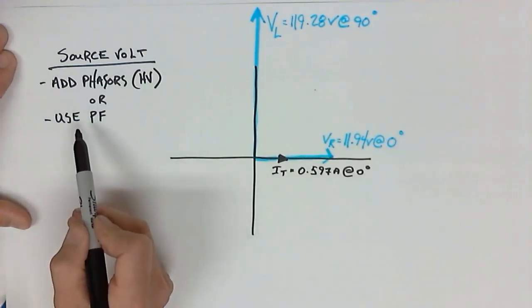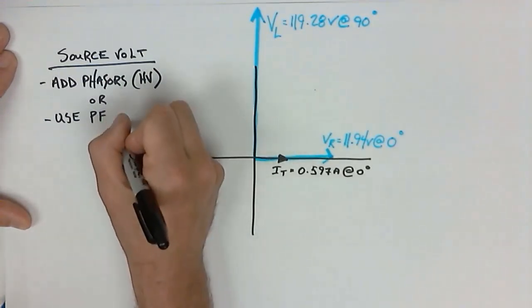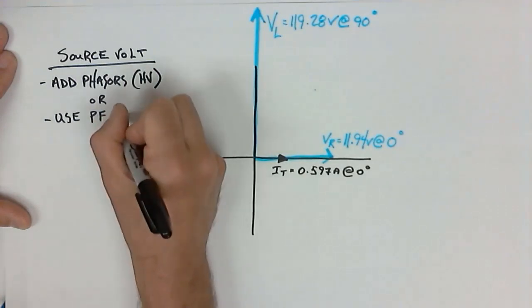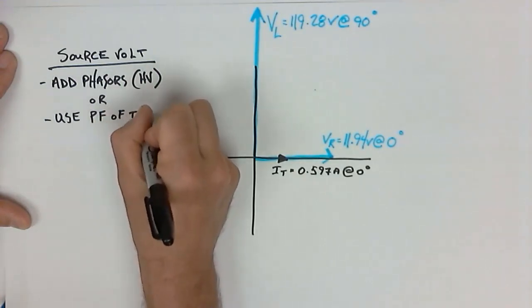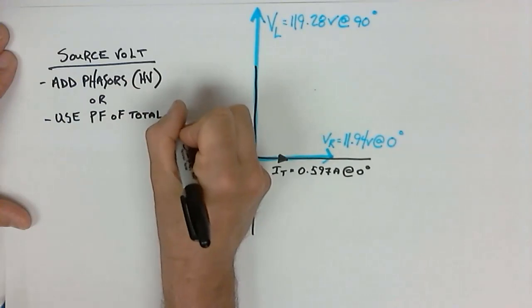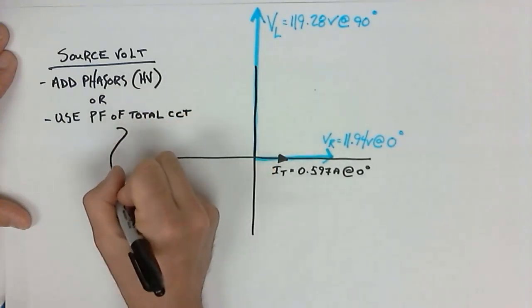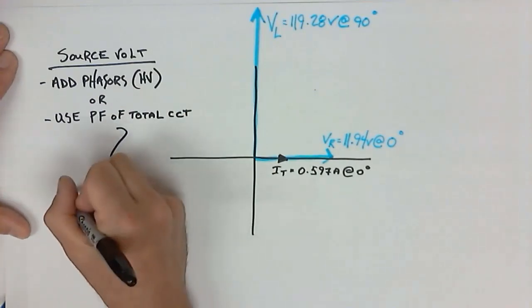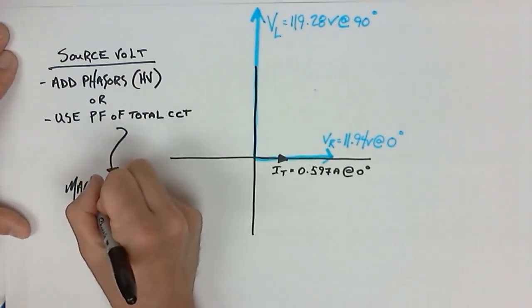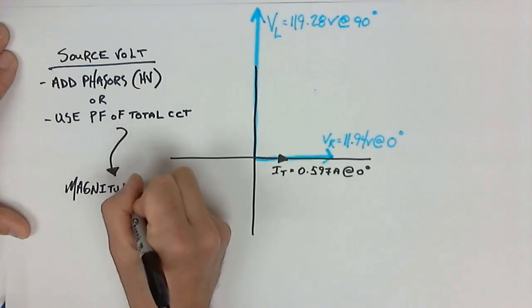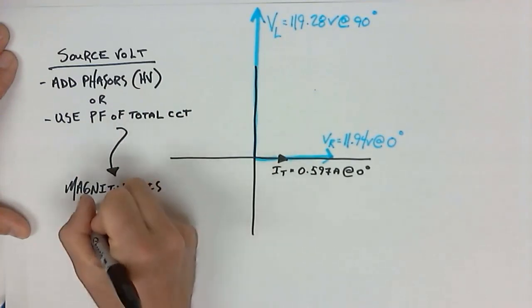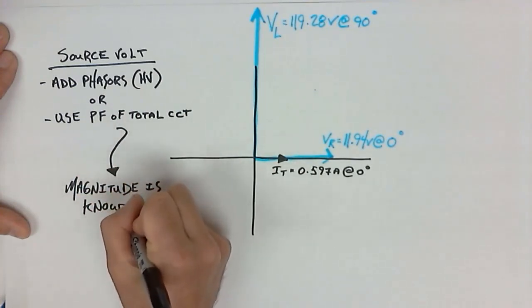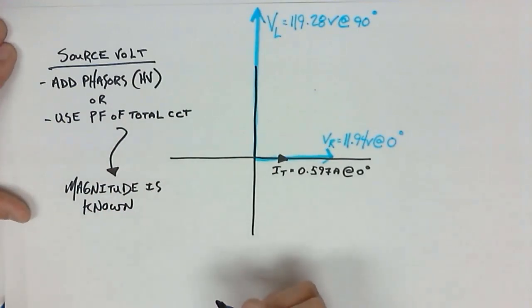If we use the power factor, that's taking into account the power factor of the total circuit, I should clarify. That's indicating that we already know the magnitude. The magnitude is known if we are going to choose this route.